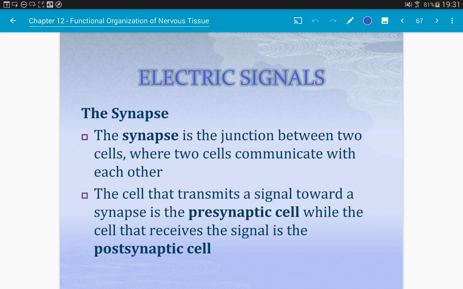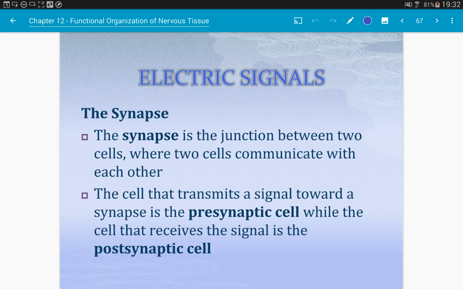So once the signal that is propagated down an axon reaches the end of that axon to the synaptic terminal, those little buttons at the end, then we get to talk about what happens there at the synapse. And we've talked about the synapse with the muscular system, and so some of this will be review for you, which is nice. A little bit of a refresher.